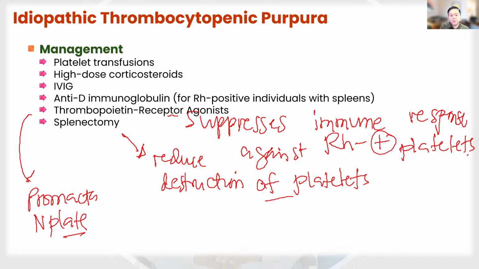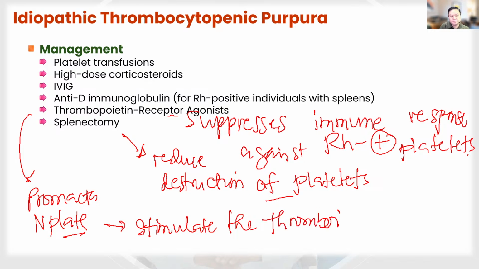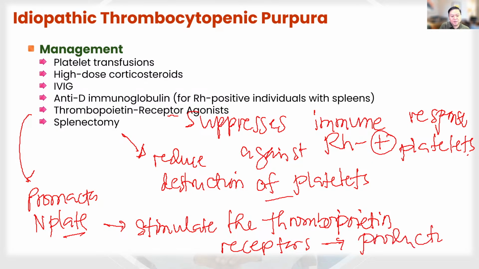So these medications basically will stimulate the thrombopoietin receptors in order to cause production of platelets.